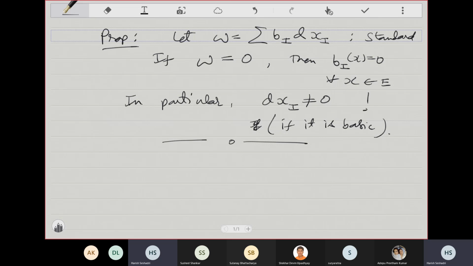Now, let's continue with exterior differentiation.